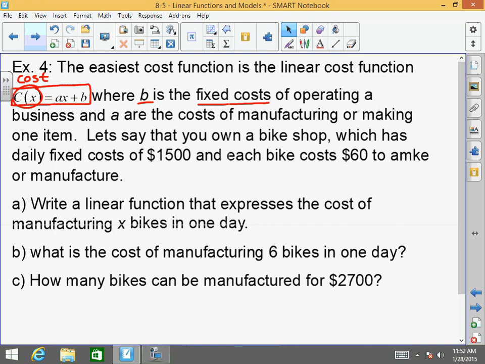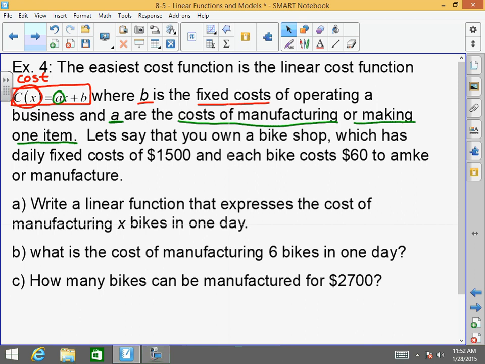And the A, my slope, right? The A is the cost of manufacturing or making one item. When you hear manufacturing costs, that's just the cost of making the item. Because it's going to cost something to make an item in addition to your fixed costs. Your fixed costs, like I said, may be the mortgage, the electricity bill, let's say the insurance on your company.